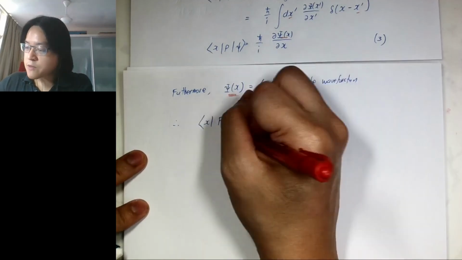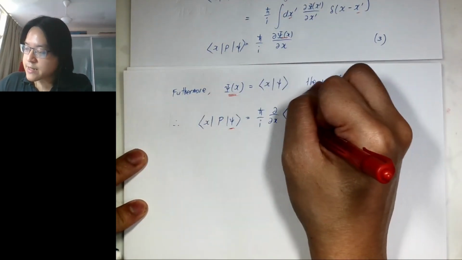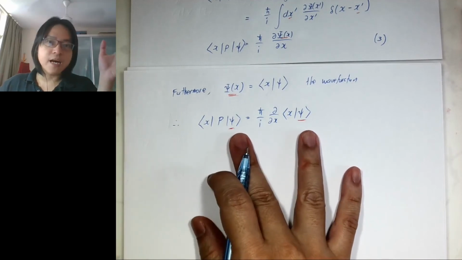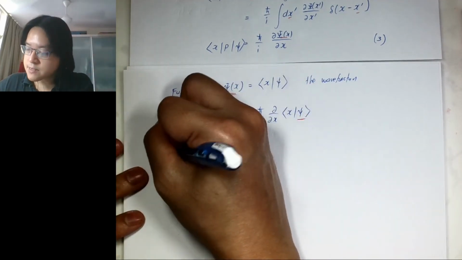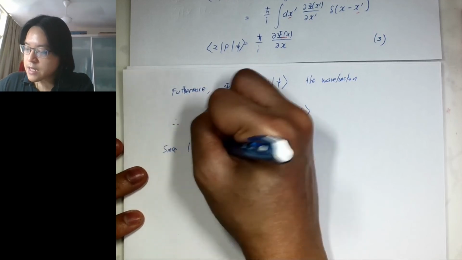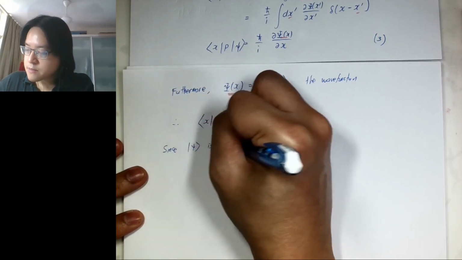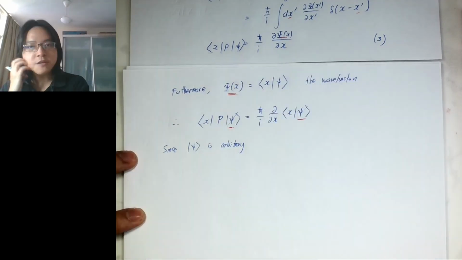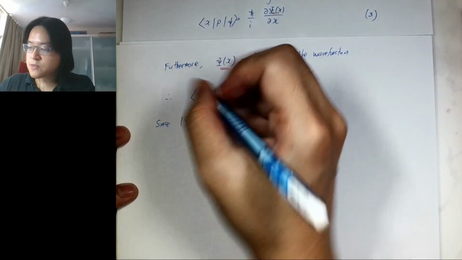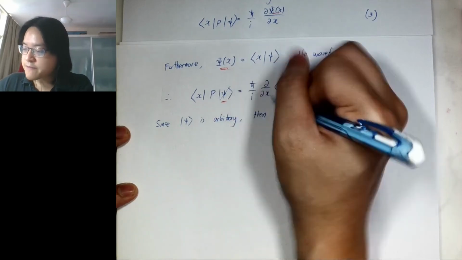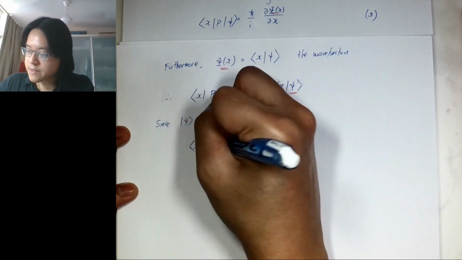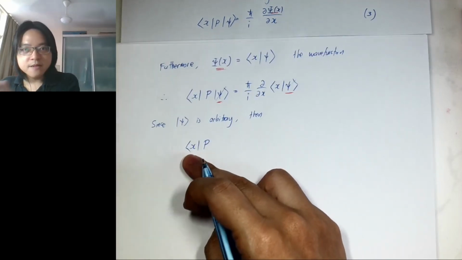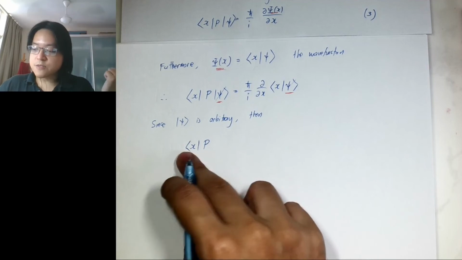Now I come to this stage again, and I notice that both sides have the psi, which is arbitrary. Since psi is arbitrary, I can cancel it from both sides of the equation. So P is acting on the bra x here, and this will give you a new bra.